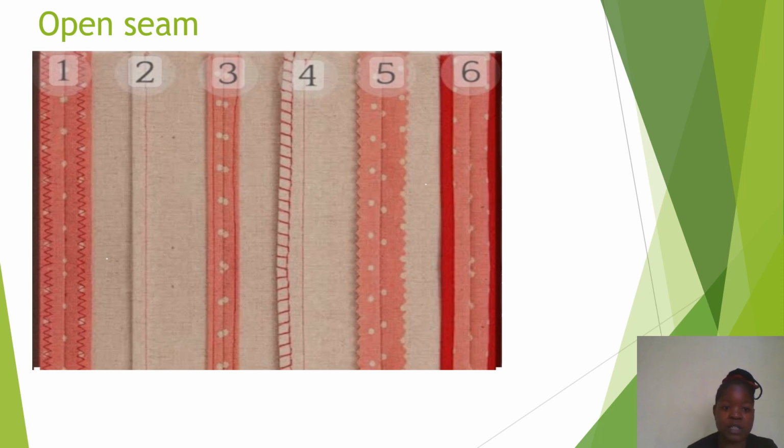The procedure is the same as for the plain seam, but the difference is that in the open seam the raw edges are neatened separately, while in the plain seam the raw edges are neatened together.